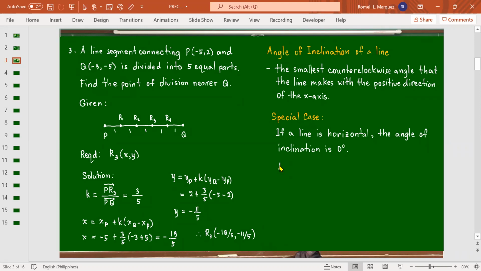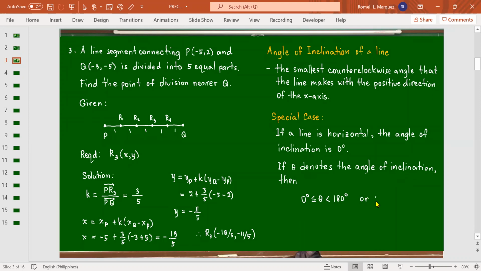So if theta denotes the angle of inclination, then we have theta is between 0 degrees and 180 degrees, including 0, because we have a special case for our horizontal line.